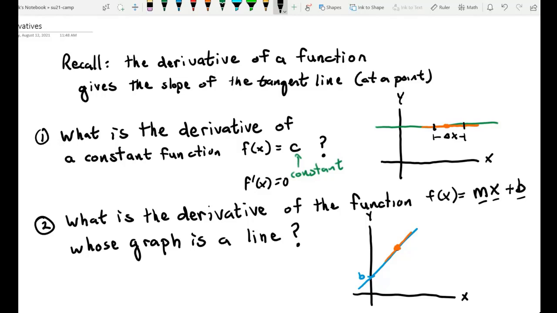So if our function has slope m, what would the derivative of that function be? M. This is correct.